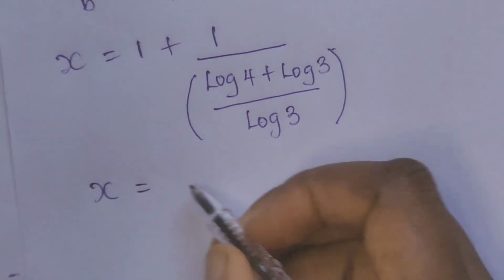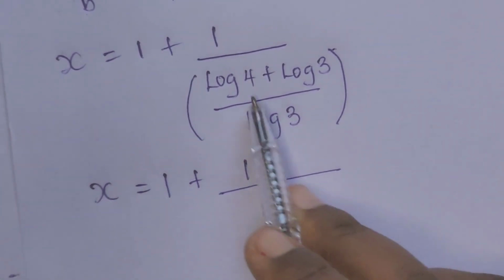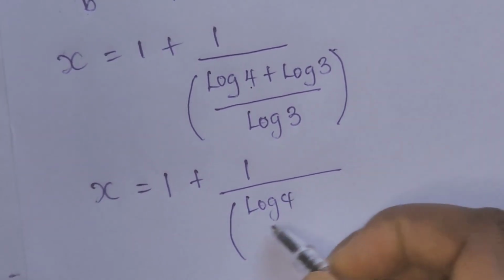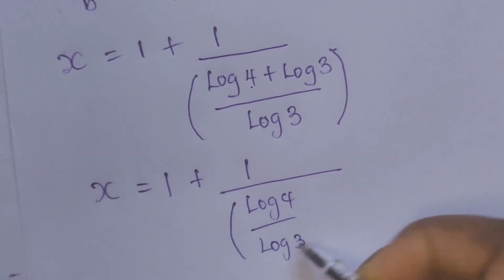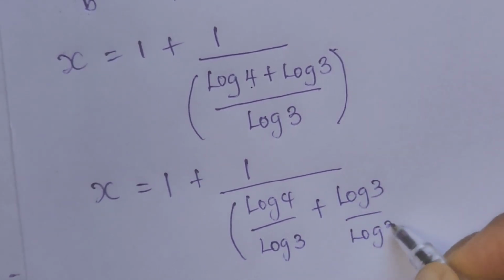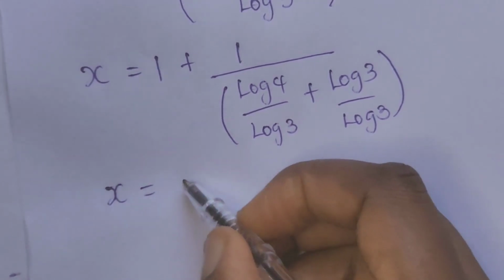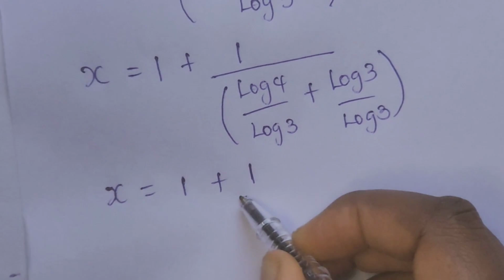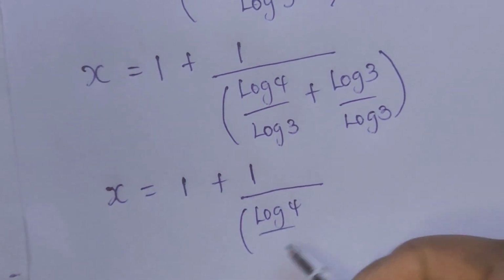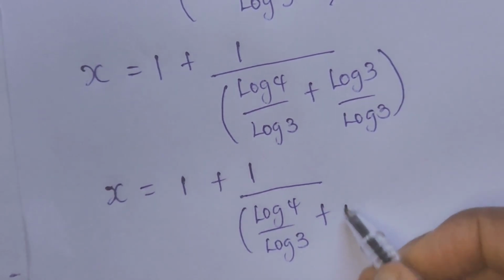So x is equal to 1 plus 1 all over, we can now split this into 2 to have log of 4 over log of 3 plus log of 3 over log of 3. So our x will be equal to 1 plus 1 over log of 4 over log of 3 plus this cancel out, we have plus 1.